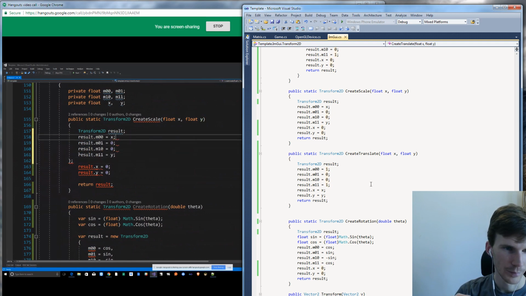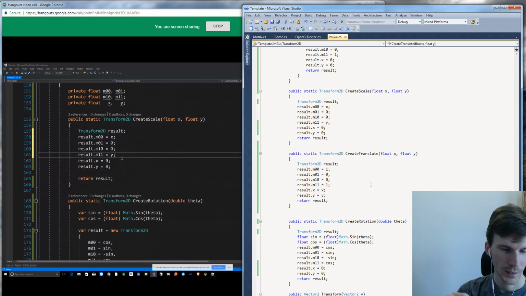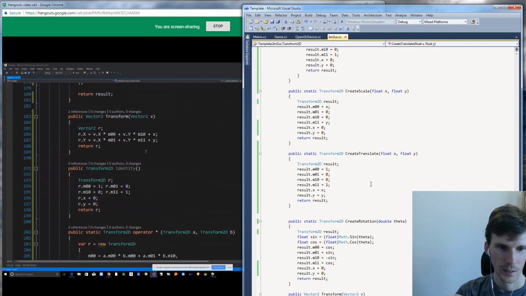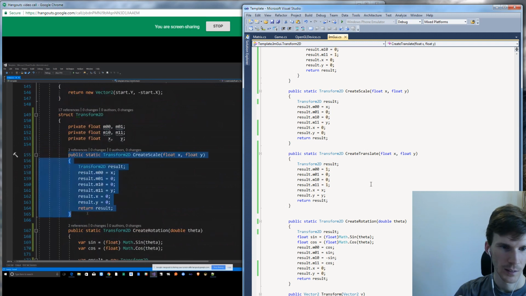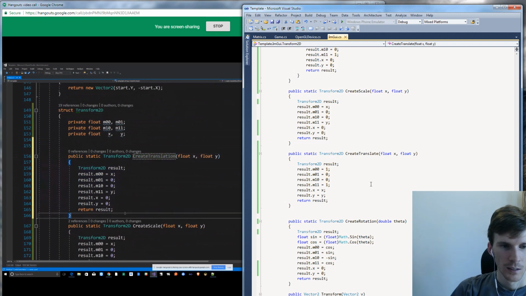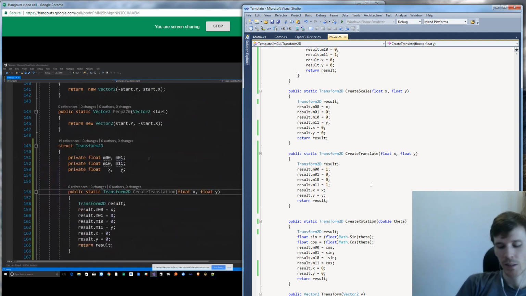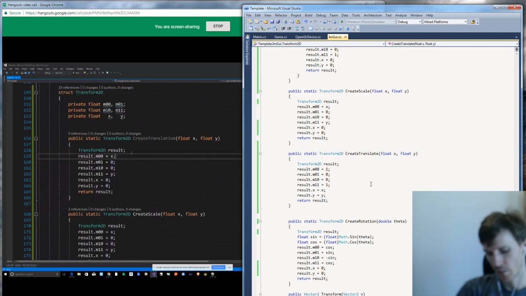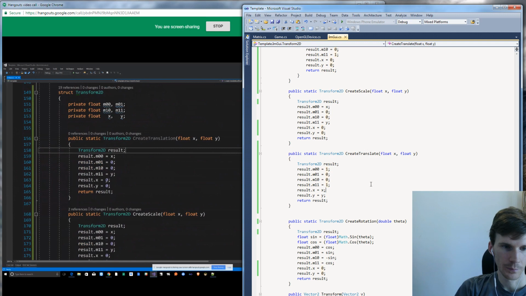Yeah, so we'll do this. And then now I'll copy it to create translation. But here's a part where, wouldn't I want integers here for translate? Well, I guess it doesn't for this. No, for this one, you might want to translate by a floating point amount. So that's fine.